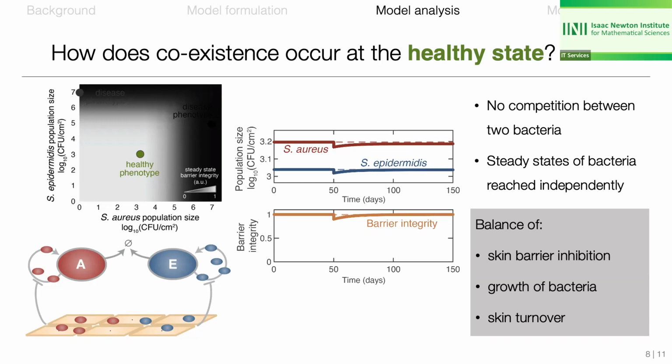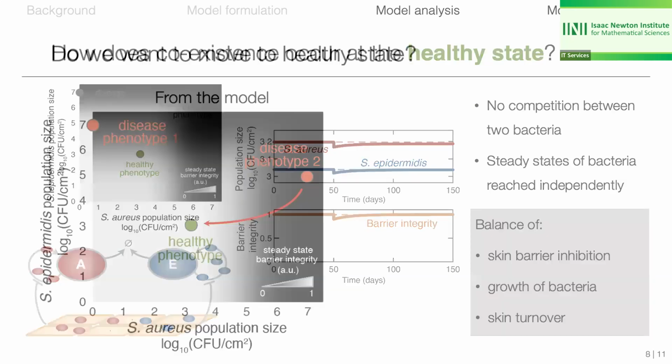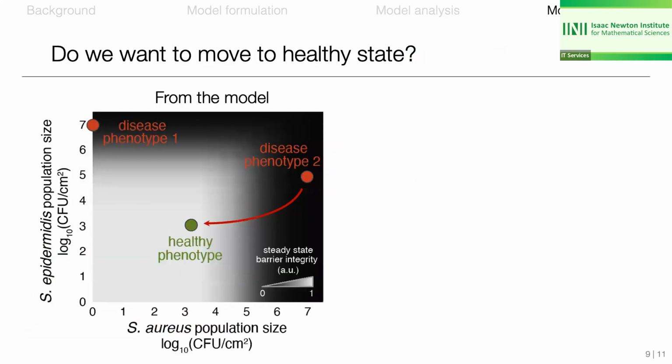After getting a better understanding of the mechanisms in our model for how coexistence comes about, we wanted to see how we should develop therapies to move patients to a better state. We wanted to think about whether the healthy state is actually a state that we would want to shift patients to.